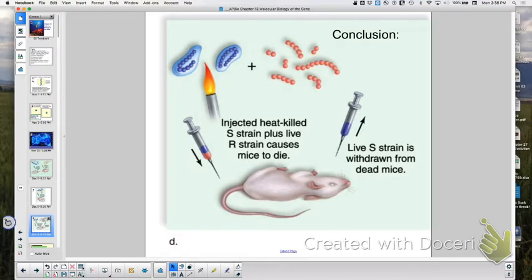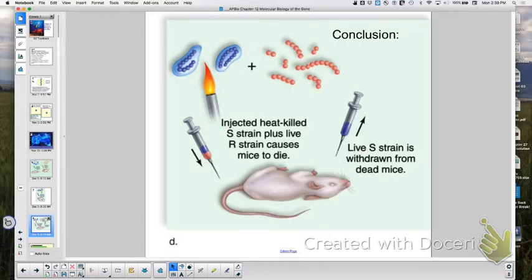R got transformed from something from S. All it had to get was the code, whatever made the S lethal. We know now that the genetic code is the DNA, so it picked up some fragments of DNA from dead S, put it into its DNA, and became lethal.